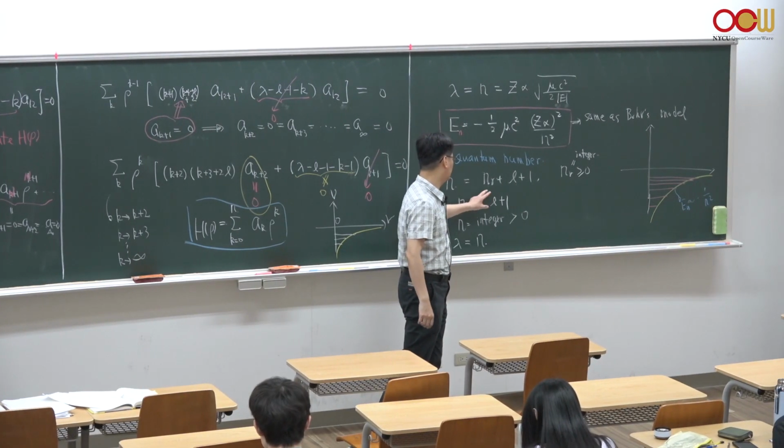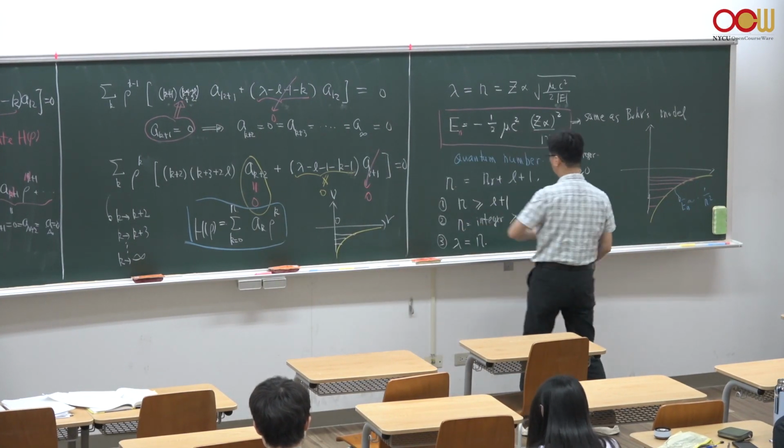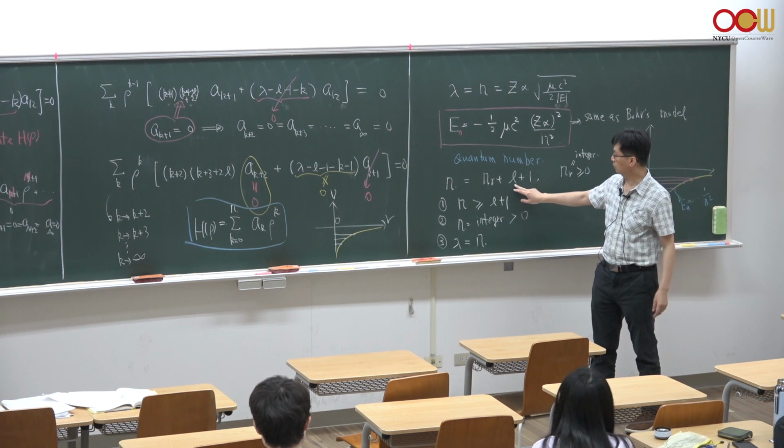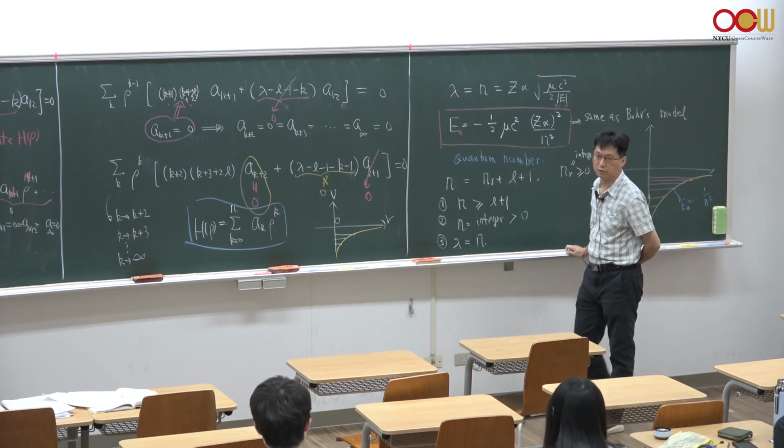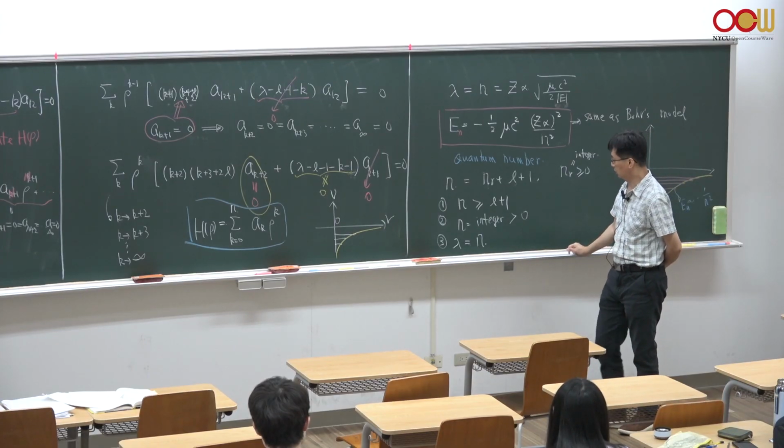You know very well that if you have different combinations of n r plus L, you may come up with the same quantum number, and this is called degeneracy.